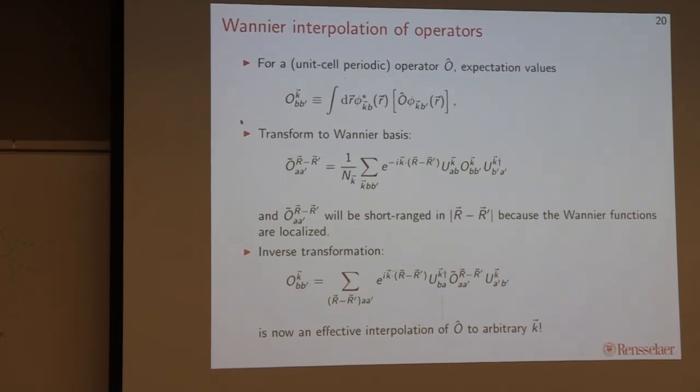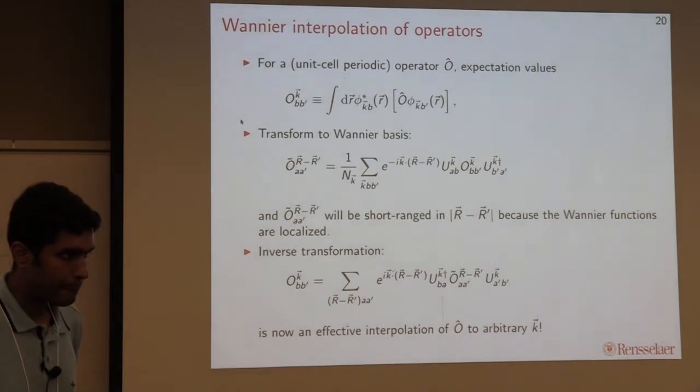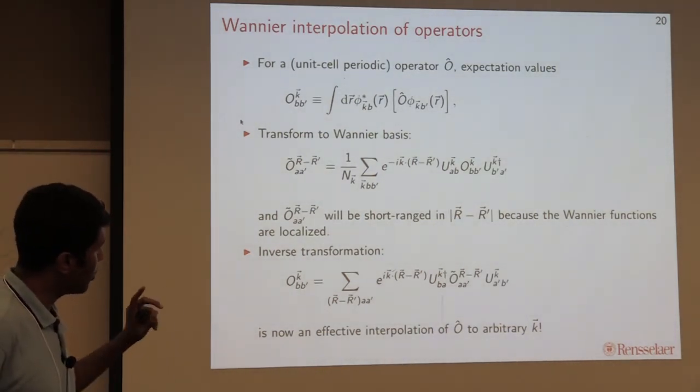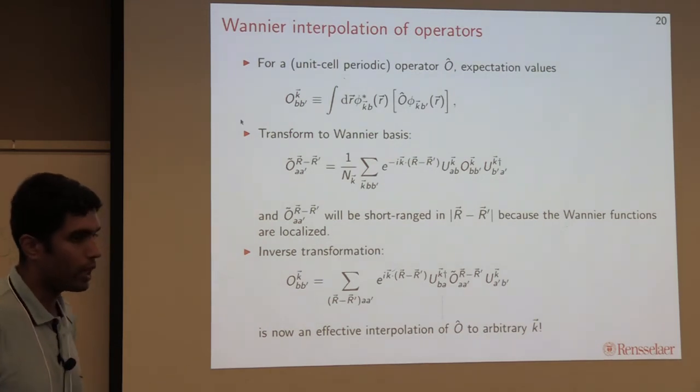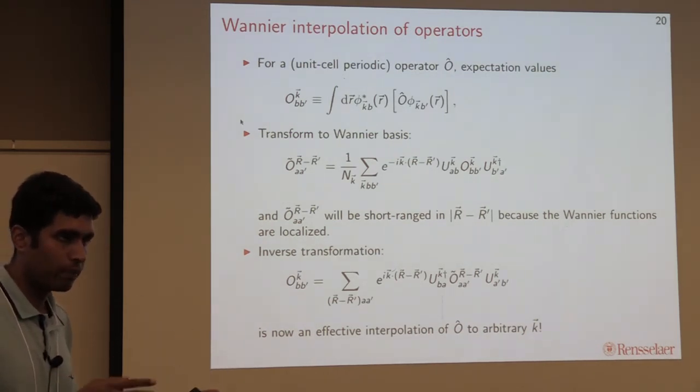In order to get some properties at specific high-symmetry points, you still need to do integrations over all the Brillouin zone. So you still need a sample of a large number of k points. When you're doing the density functional theory calculation, you need a certain number of k points to converge the density and so on.